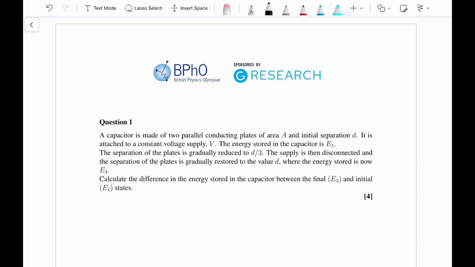The supply is then disconnected, and the separation of plates is gradually restored to the value D, where the energy stored is now E3. The question wants us to calculate the difference in the energy stored in the capacitor between the final E3 and the initial E1 states.